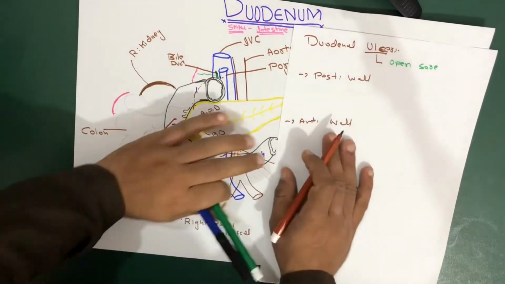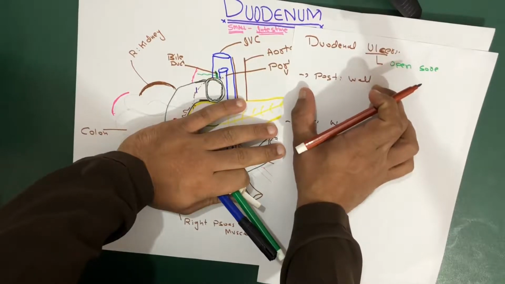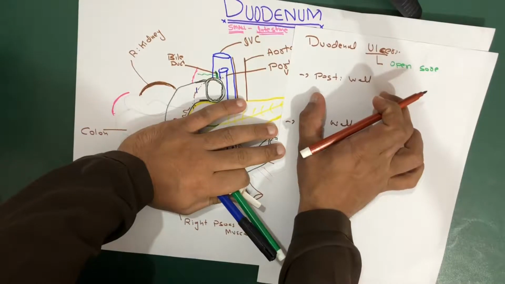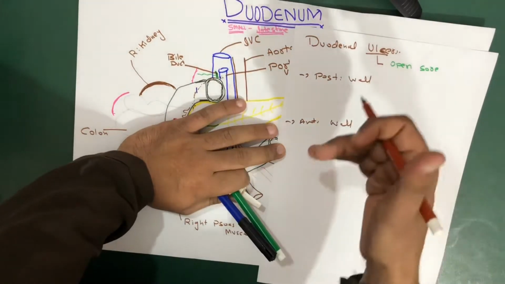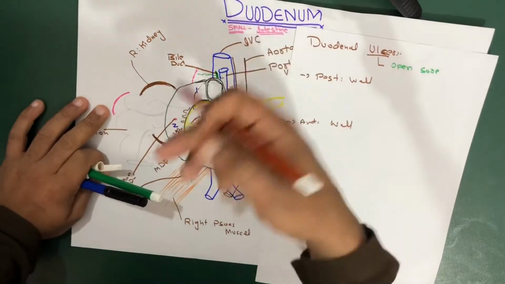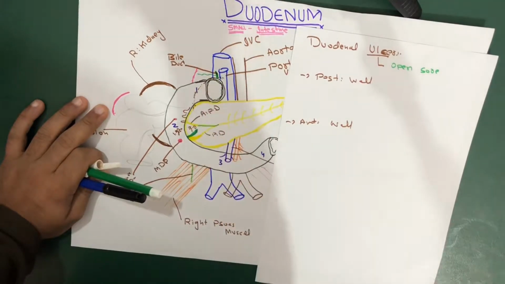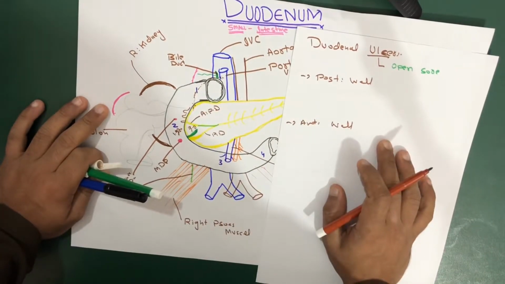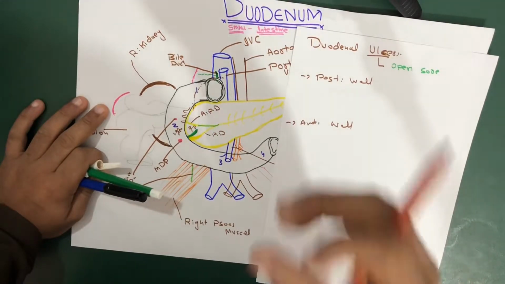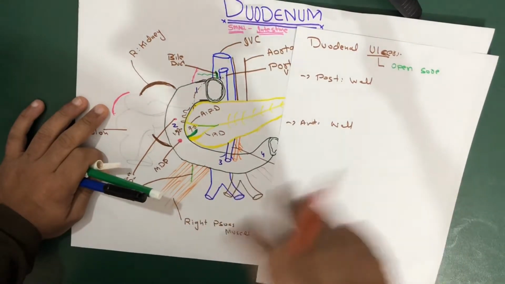So remember this one, this is very dangerous: an ulcer in the posterior wall. What happens if we have an ulcer on the posterior wall of the first part of the duodenum?